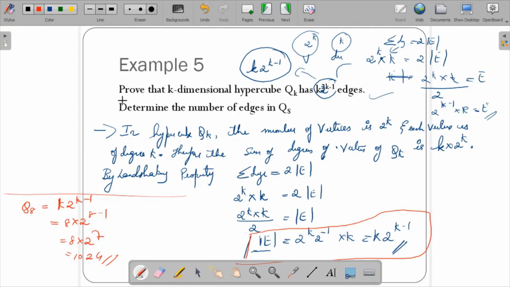This is the second part of the solution. Here the 8 is nothing but k in Qk, and using the formula for the number of edges, 8 into 2 to the power 7 gives 1024. So this is regarding example 5.